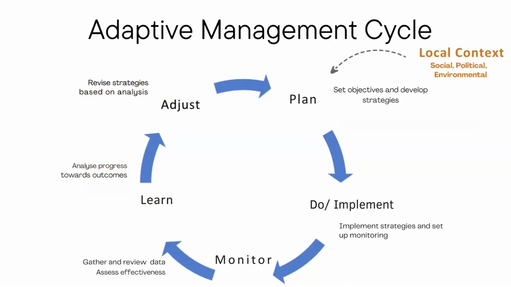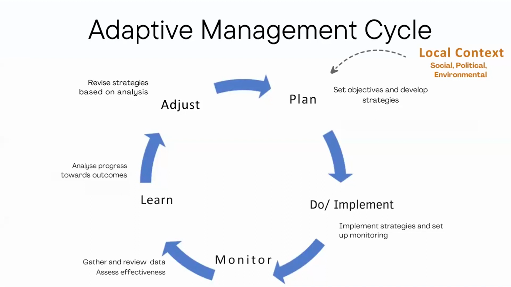And in addition to all of these steps that happen as part of managing your protected area, there are also things that take place outside of a protected area that need to be considered and thought of when we're going through this cycle. And we call this the local context in this course.